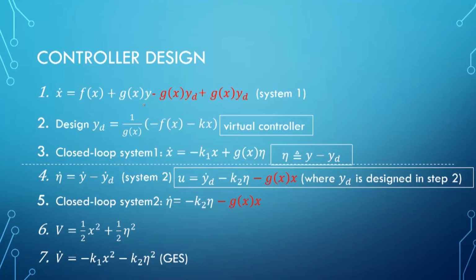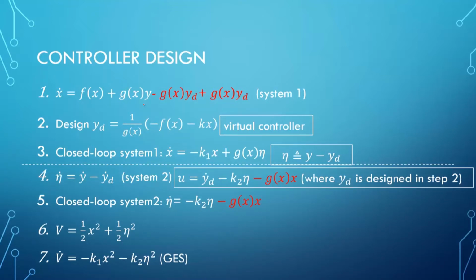That says x will converge to 0 and eta will converge to 0. And you can use signal tracing to show both controls u will be bounded. So the problem is how you design both controllers.